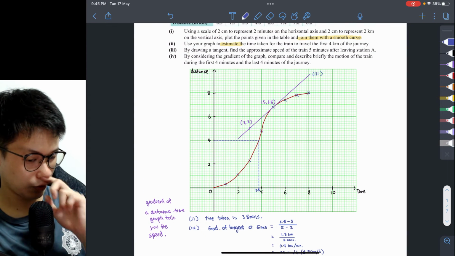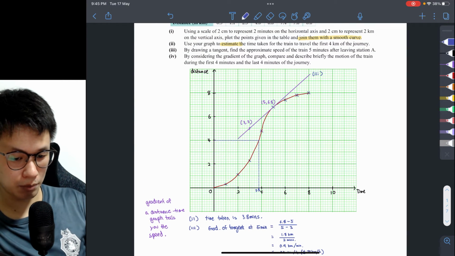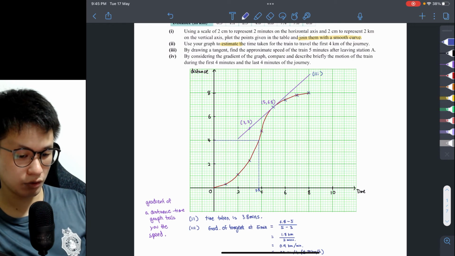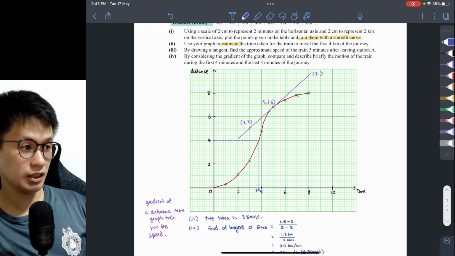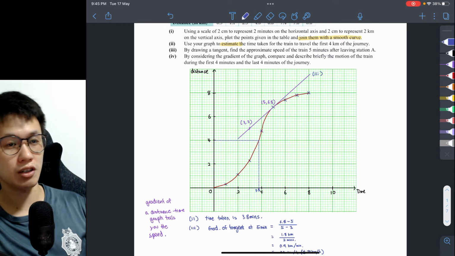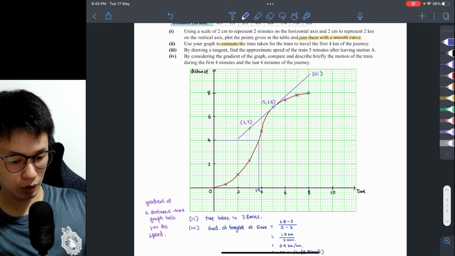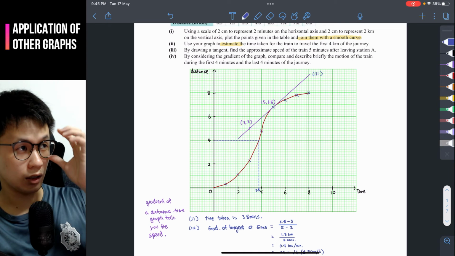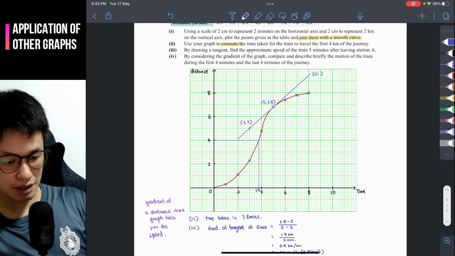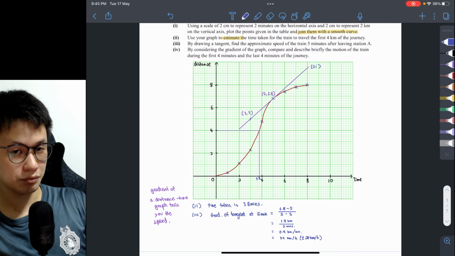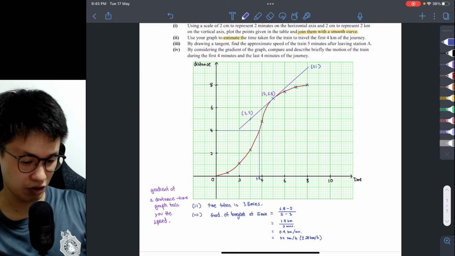Now part 4: by considering the gradient of the graph, compare and describe briefly the motion of the train during the first 4 minutes and the last 4 minutes of the journey. This is an interesting question because here we want to look at the gradient. As I said, the gradient is the speed of the train here.